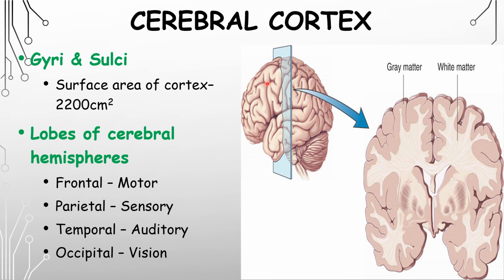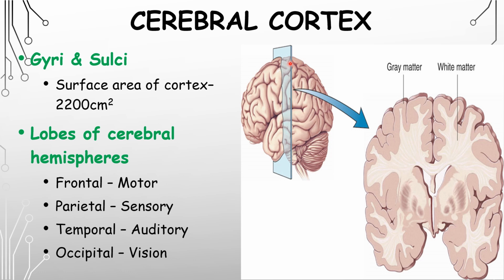The boundaries separating each lobe of the cerebral hemisphere from one another are mainly three prominent sulci. The first one is the central sulcus. It will be here; we will see the central sulcus in the consecutive slide. It is also called the fissure of Rolando.